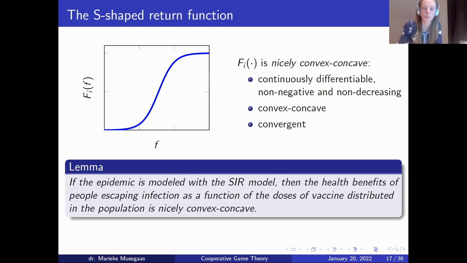Okay, so this lemma states that if you model your epidemic in this way with this model, then indeed the monetary health benefits follow this S-shaped return function. So it makes sense, our model. This SIR model is a very well used model for modeling an epidemic. So this convex concave return function actually makes sense. Just to let you know that it's not some weird function that we just came up with. It makes sense to model the situation.